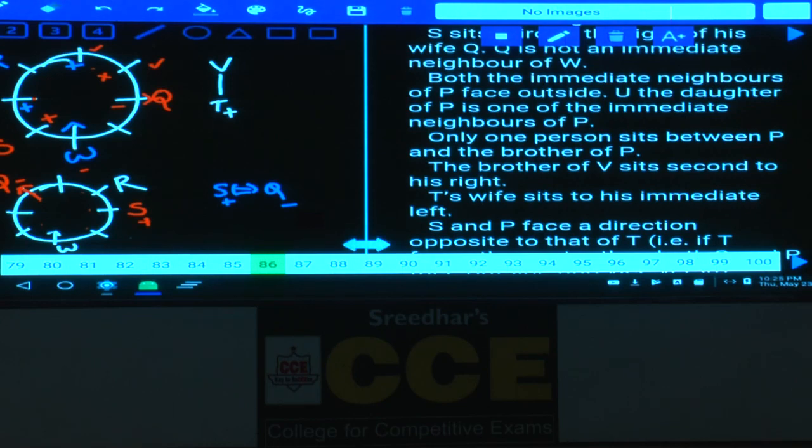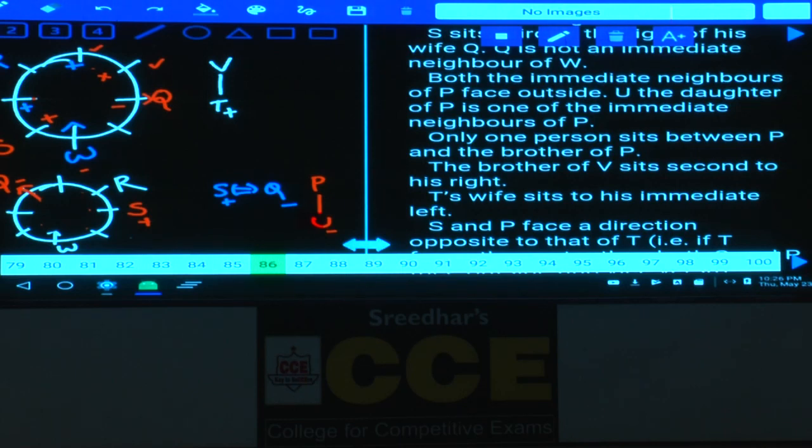U is the daughter of P. As U is the daughter of P and the immediate neighbors of P face outside, U is one of the immediate neighbors of P. So P and U are adjacent to each other.